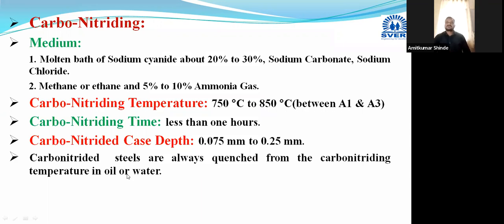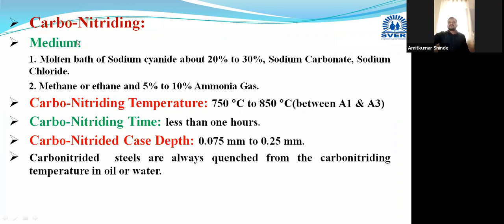now I will move towards the next type, that is carbonitriding. If you have understood carburizing, carbonitriding is very simple because it is a combination of carburizing and nitriding. Carbo stands for carburizing, and this is the nitriding, hence it is termed as carbonitriding.